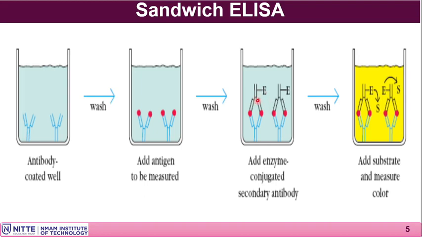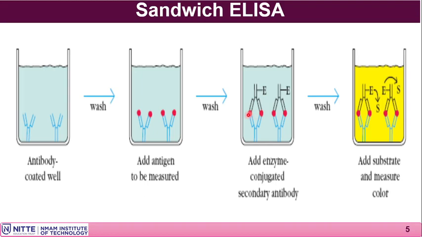The enzyme labeled antibody could be a secondary antibody raised in an animal against that antigen. If the antigen is immobilized, meaning it is bound to the Fab site of the antibody of the patient serum, this secondary antibody will recognize the antigen and bind to it because it was raised against the antigen.